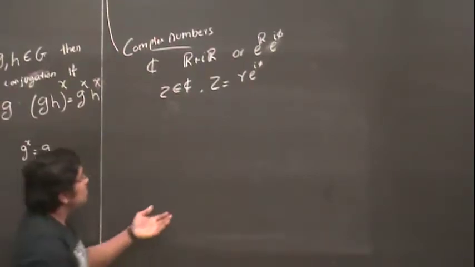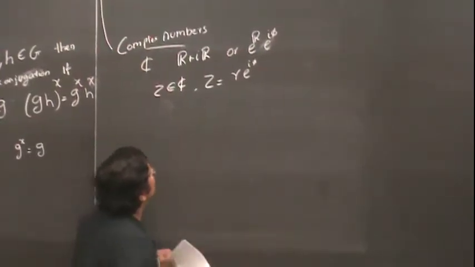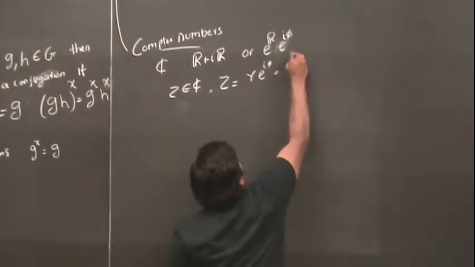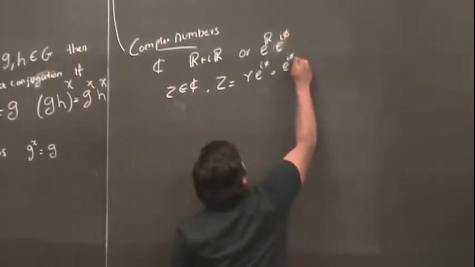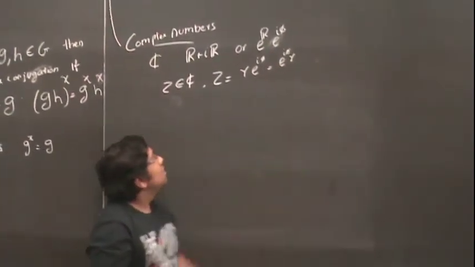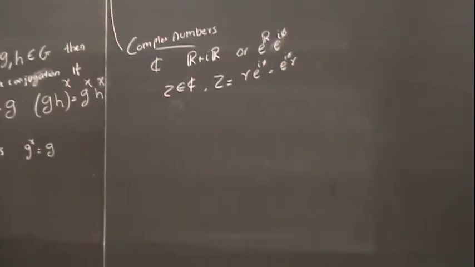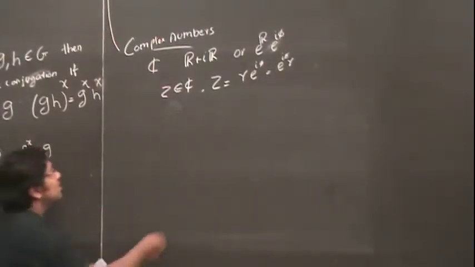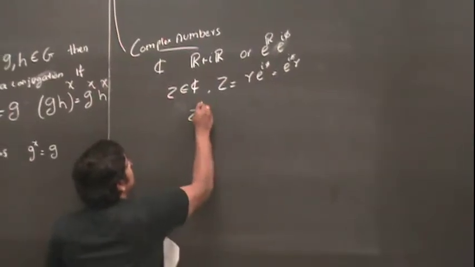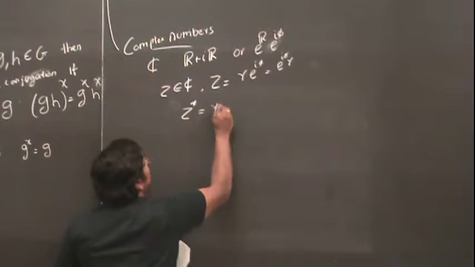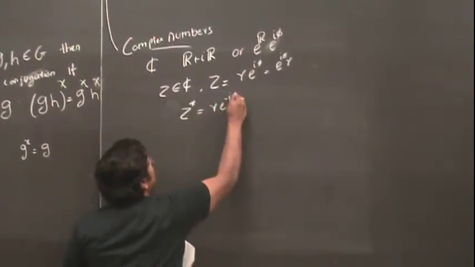So I would like to write this in a slightly different order. It doesn't matter here because it commutes, but I want to write this here. Now we can define a conjugation in this case, which has this property. This z star is nothing but r e to the minus i phi.